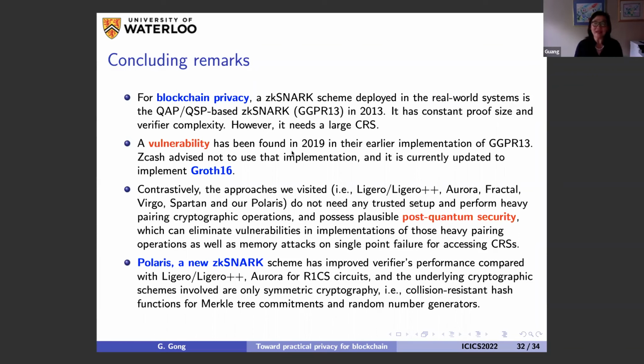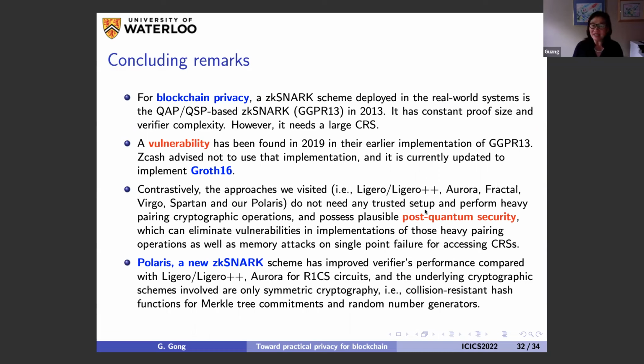However, one thing is clear: because they involve very heavy crypto computation, in 2019 people found a vulnerability in their implementation in Zcash. Zcash immediately made an announcement that they should not use that implementation. Instead, they implemented Groth16. However, I think they only did that in 2021 instead of 2019.